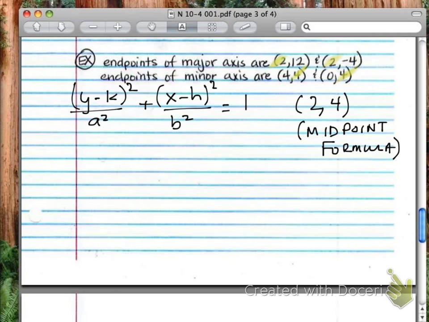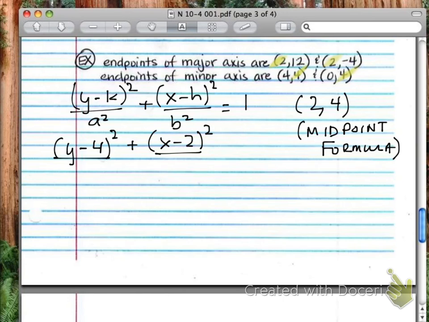So now I can plug that in. I have (y - 4)^2 plus (x - 2)^2. What is a? 4. Okay, it's 8, right? Because we counted already, it was 16.